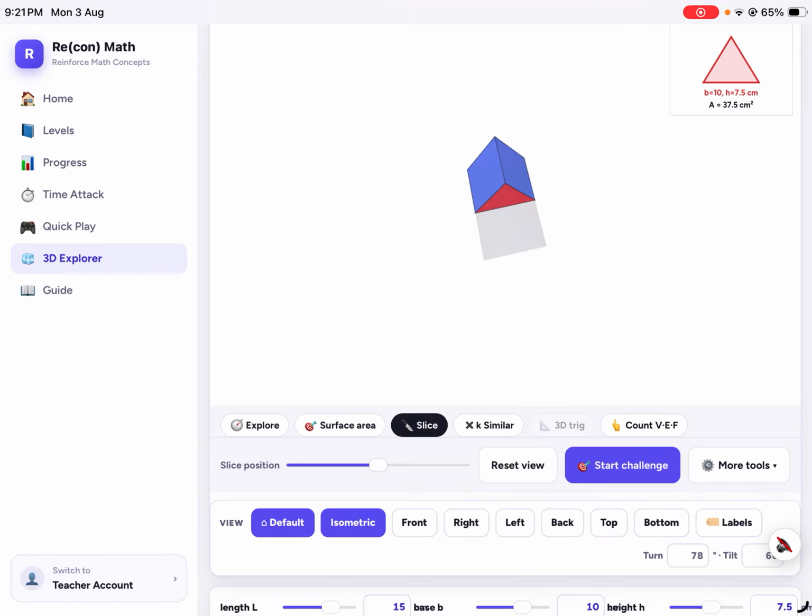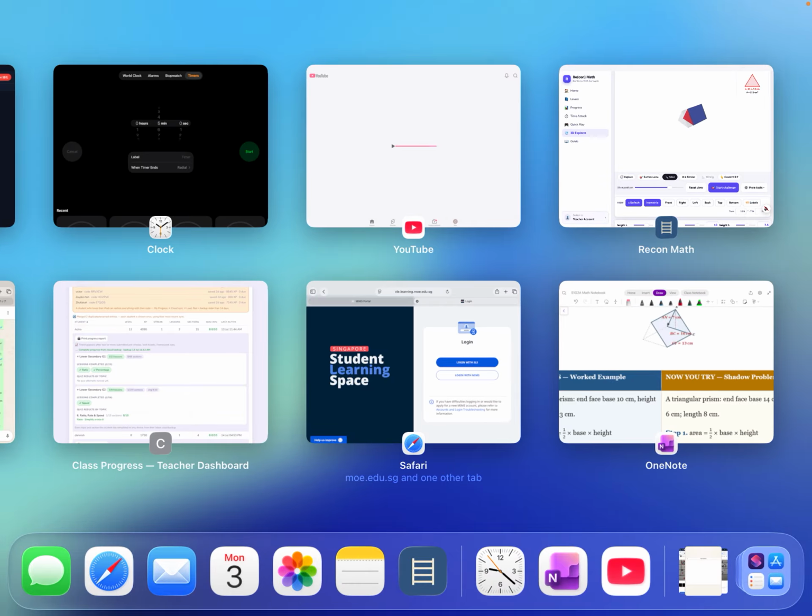Why do we get volume? Because we have this cross-sectional area, and when we expand it covers from 2D to 3D. This is why volume is cross-sectional area times the length. You can play around with the 3D Explorer if you wish.